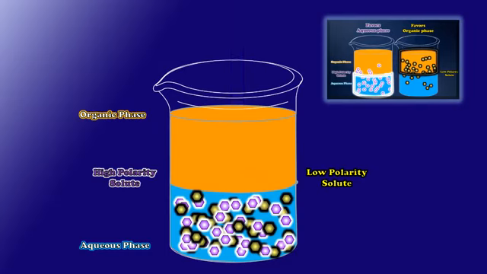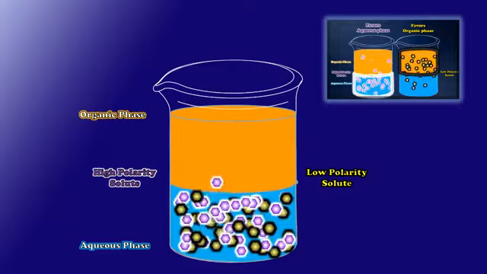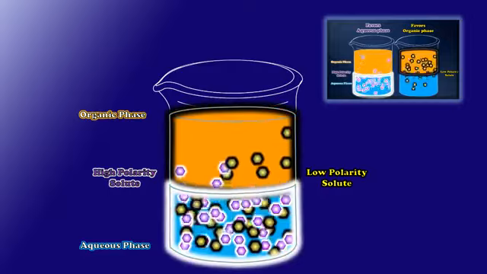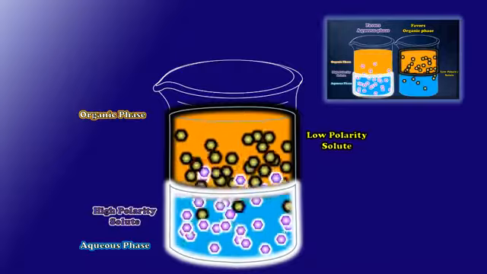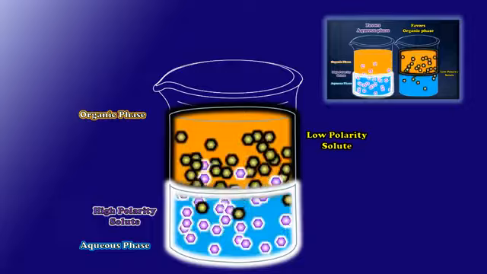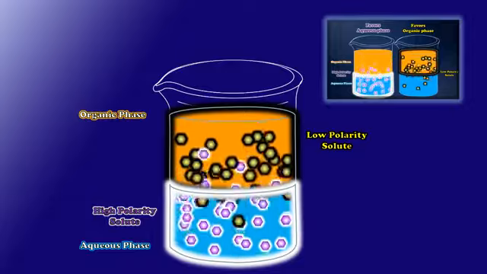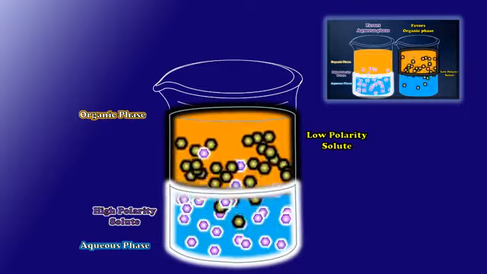And remembering from our previous discussion that they tend to partition into different layers in this system, all I have to do is wait for equilibrium to establish itself. And I should reach a situation in which my low polarity solute has partitioned into the organic phase preferentially, and my high polarity solute into the aqueous phase. Now, if I'd like to collect one or the other, it's as simple as collecting the appropriate phase.